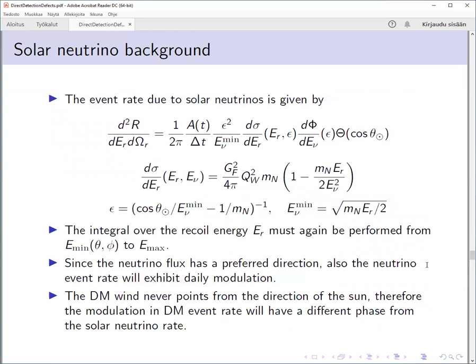And now a nice feature of this standard halo model, if this is the correct velocity distribution of dark matter, is that the dark matter particles never come from the direction of the sun.